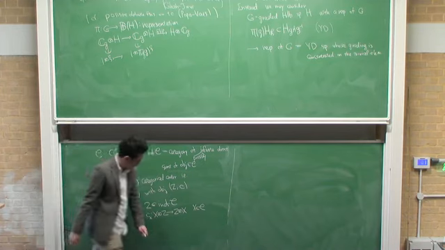But I just want to mention one thing: how this is related to the representation of the character algebra, which can also be seen as a kind of representation of the tensor category.